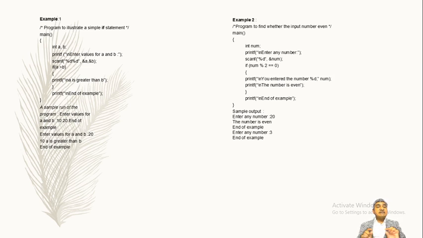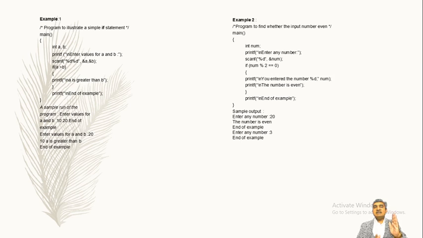So the message A is greater than B is not displayed on the screen. For the second example, enter values for A and B, this is on the screen, and we enter the values 20 and 10. Now in this case A is greater than B, so this message is displayed on the screen.